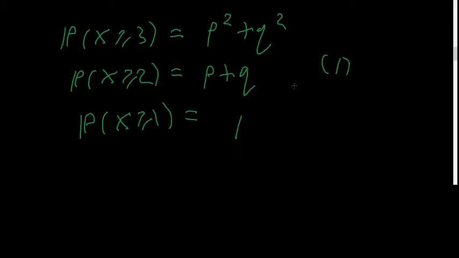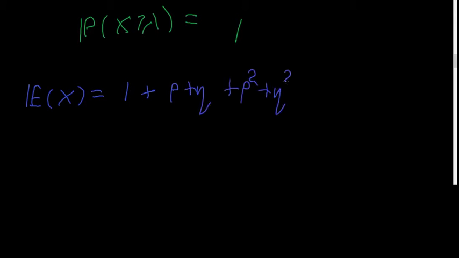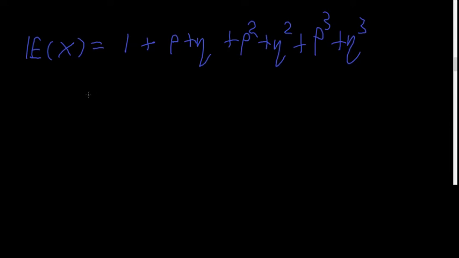So the expectation of x, I'll write out in terms of those probabilities. The probability of x greater than or equal to 1 is 1. Then I have plus q plus p squared plus q squared plus p cubed plus q cubed and so on. So I can nicely slot this into 2 infinite series.